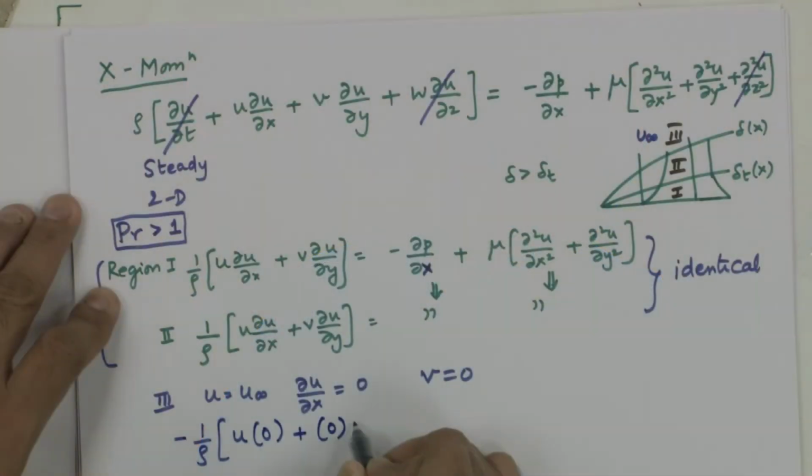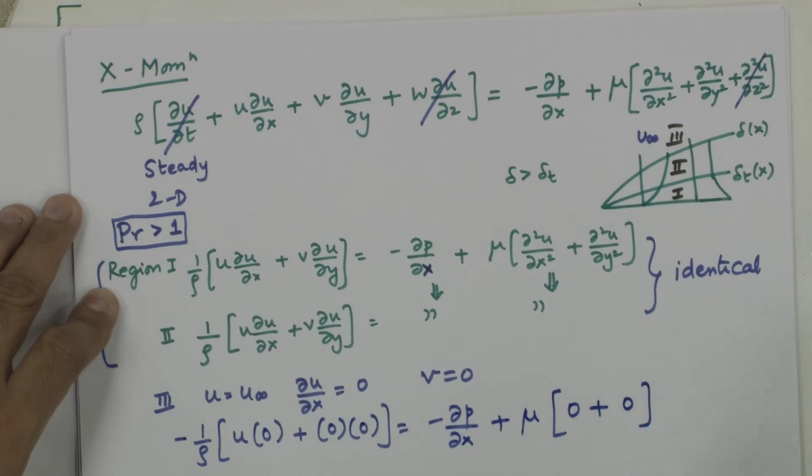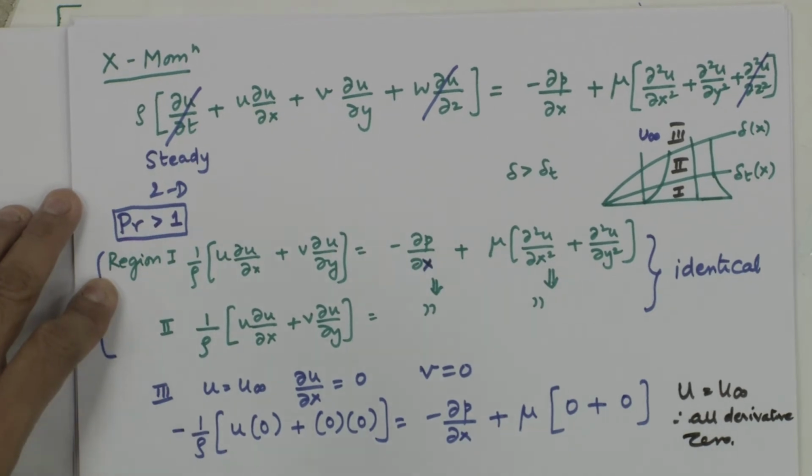So, the left hand side of the momentum equation is u into 0 plus v into 0. u is constant everywhere. Therefore, all derivatives are 0. If all derivatives are 0, second derivatives are 0.